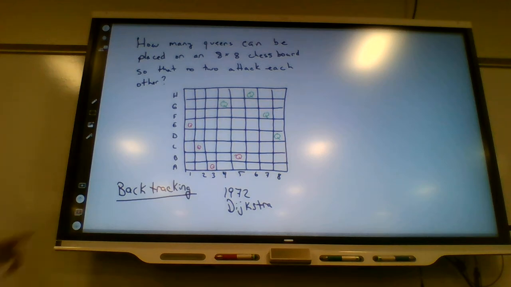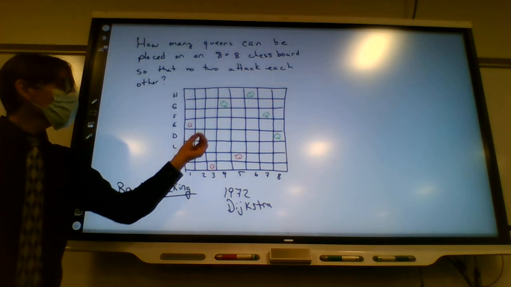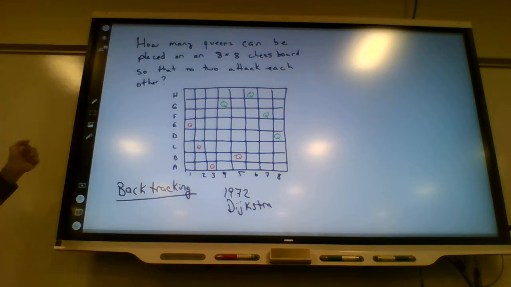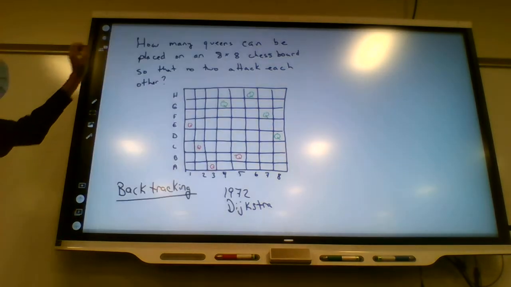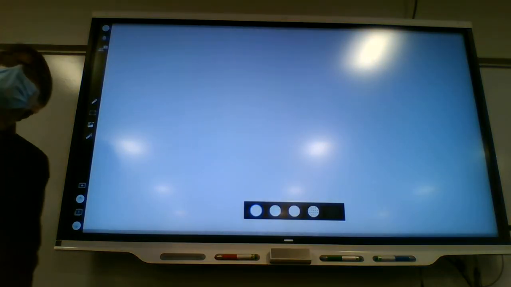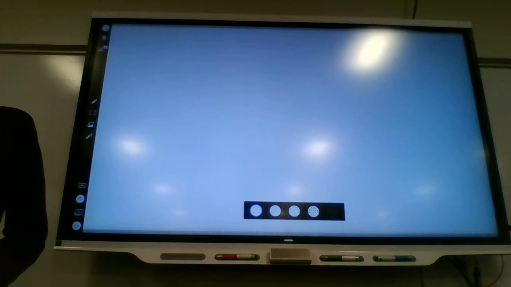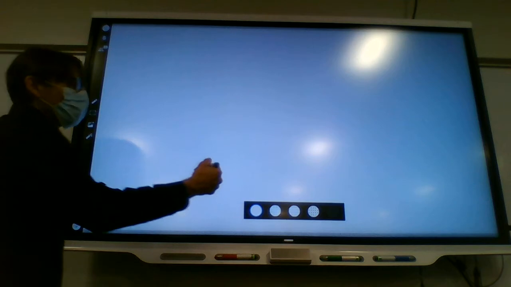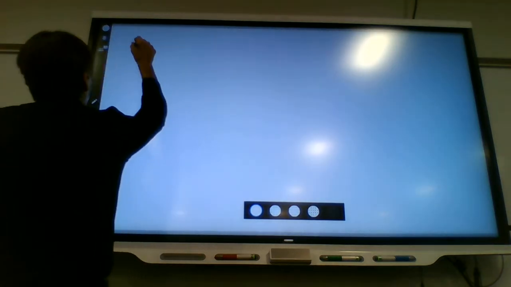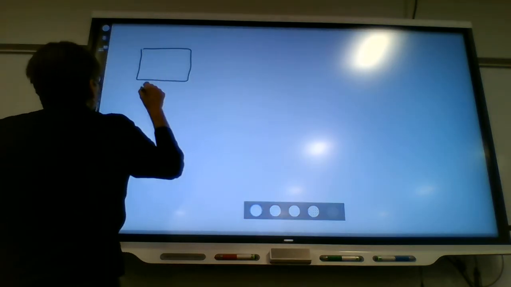Okay, so this problem we're going to look into quite a bit. There are some other versions of this problem. In something like 2004, there was another chess site that created a competition that said, okay, we have our 8x8 board, and we know that you can only put 8 queens on the board so that no 2 attack.